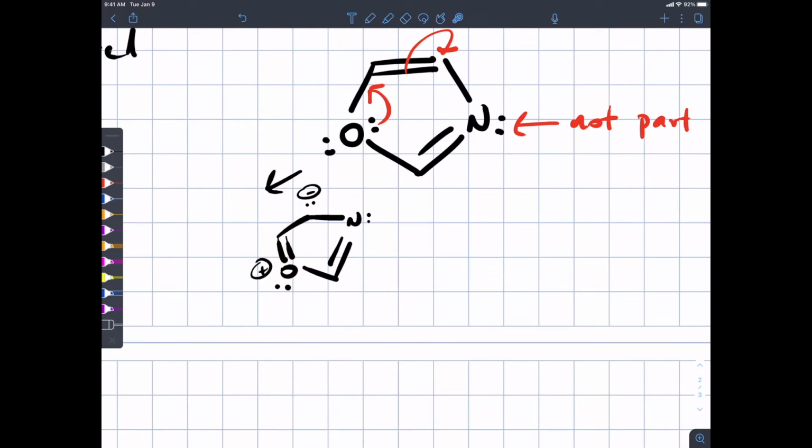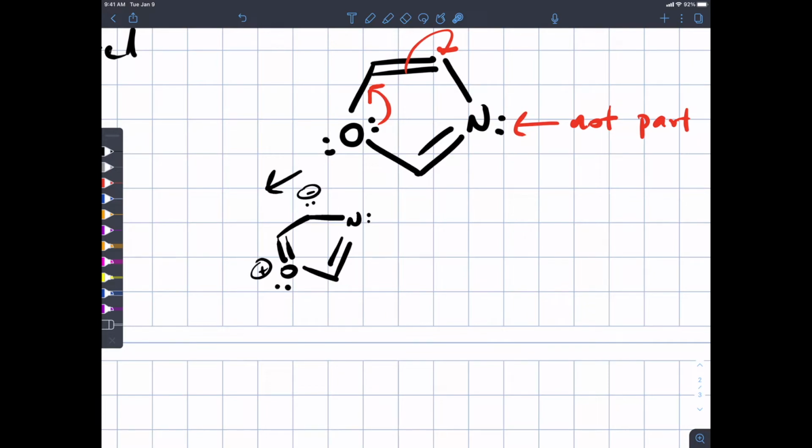And when you do, you see that if this oxygen truly is sp2 hybridized, the p orbital is the one that holds one lone pair, and the other must be held in an sp2 orbital, right? There's a maximum of one lone pair on a heteroatom that can participate in resonance and aromaticity because only one of them can be in the p orbital, right?